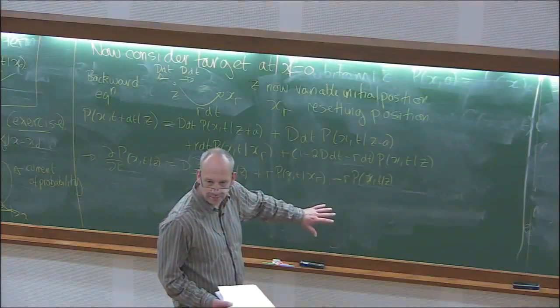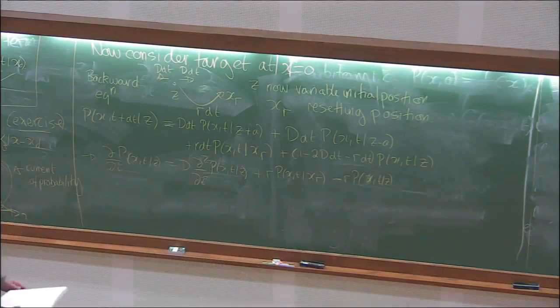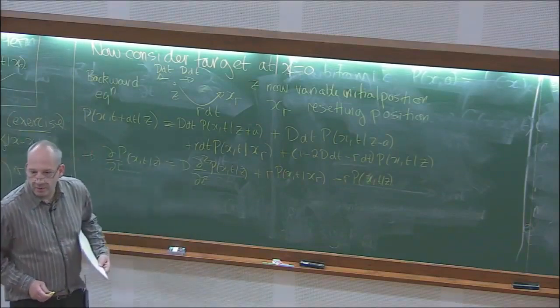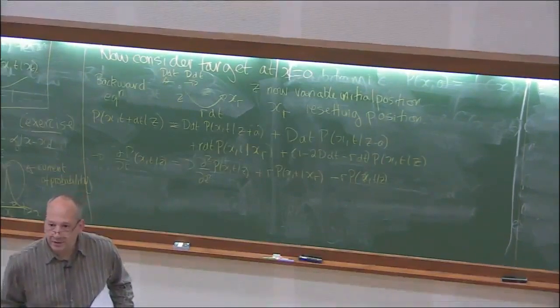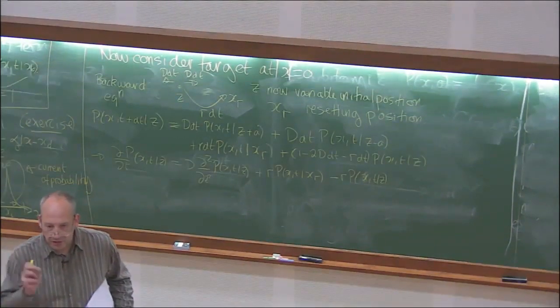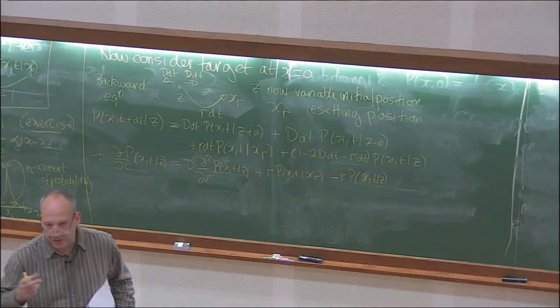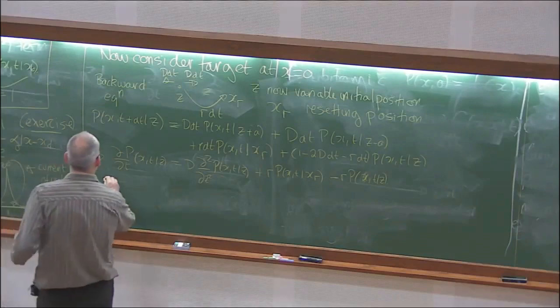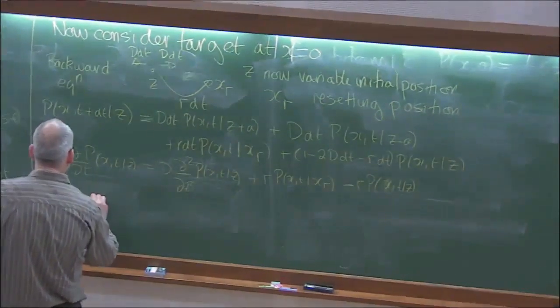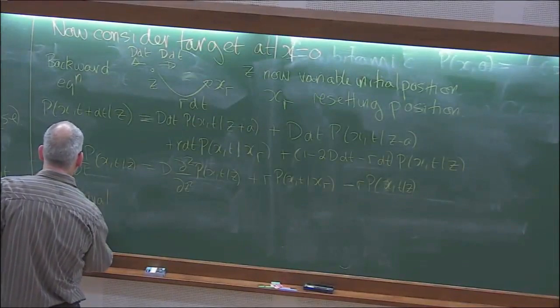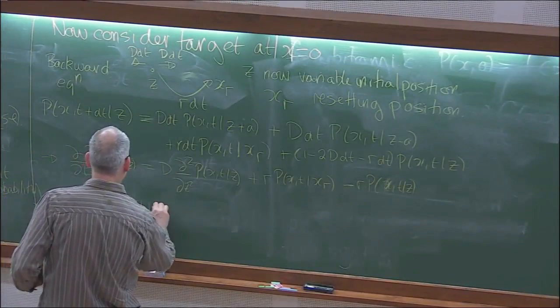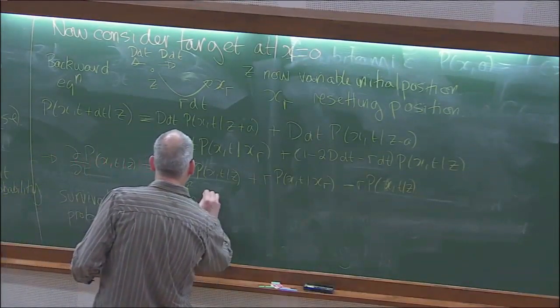Okay, so now we want to play the same game. That's the backward equation. We've got now a trap that we're going to put at the origin. And let's say that our resetting position is bigger than 0, and our initial position is bigger than 0, just to make that simple. So we define our survival probability, again let's call it Q(t | z), so I integrate over x of P(x,t | z).